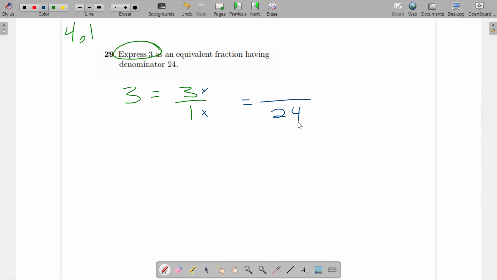Well, the only thing I can do there is multiply 1 by 24, which means I have to do the same to the top. So then 24 times 3, 12, 6, 72. So 72/24 is the same thing as 3, is what I did there. Okay, Kai's turn.